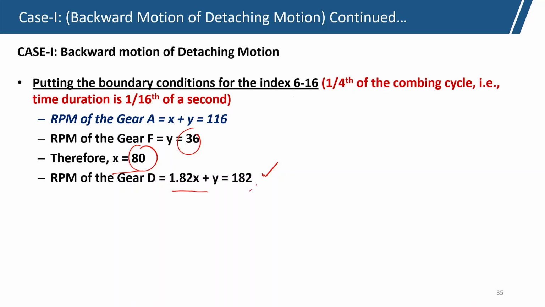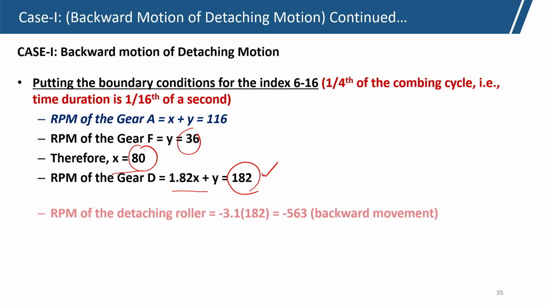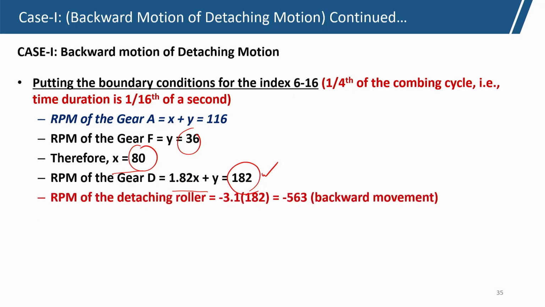So, output gear RPM is important, and from there we can calculate the RPM of the detaching roller. The gear ratio we have seen is minus 3.1, multiplied by 182, that means minus 563, backward movement.